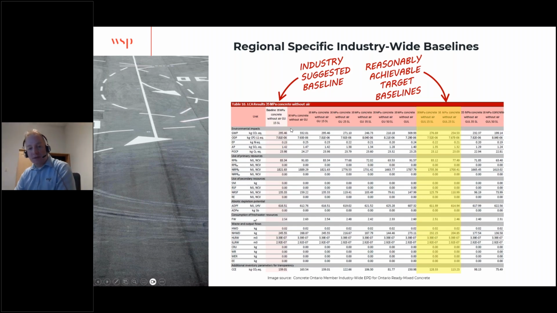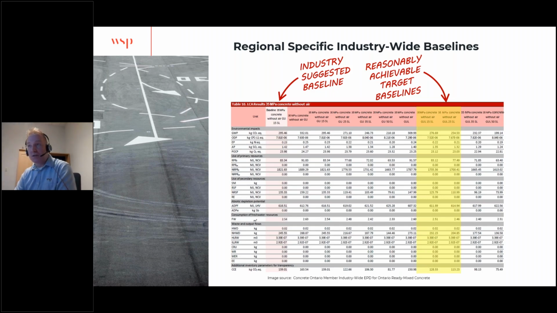The challenge with some of these baselines is the data was taken from, I think it was averages of concrete batch plants in 2020, when a lot of concrete was still produced with type GU cements, or type 1 in the United States.